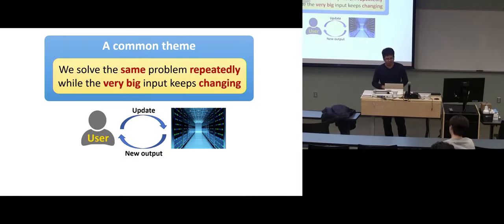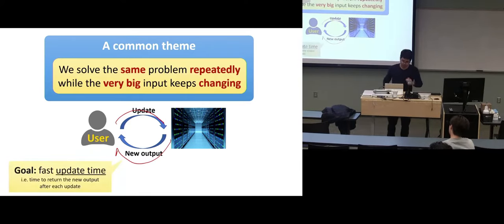Okay. So what we want is a user that has the input. The user should be able to just tell the computer to update the input by 1 bit, and then you get a new output without recomputing from scratch. What we want is usually an interaction between user and computer.